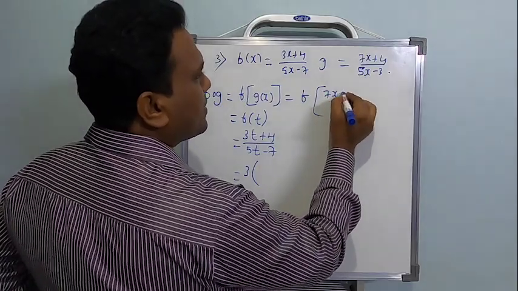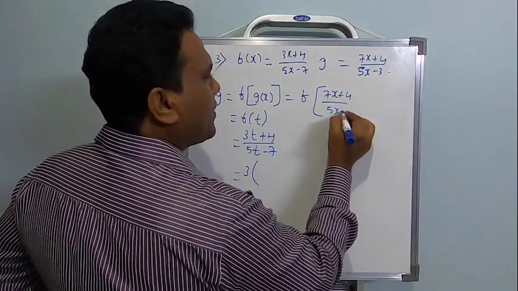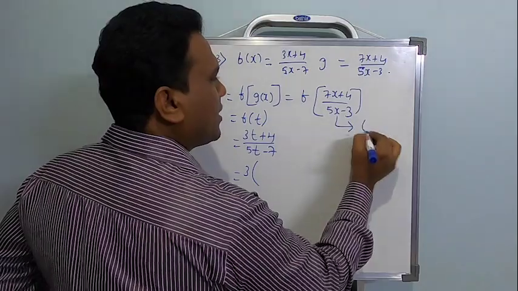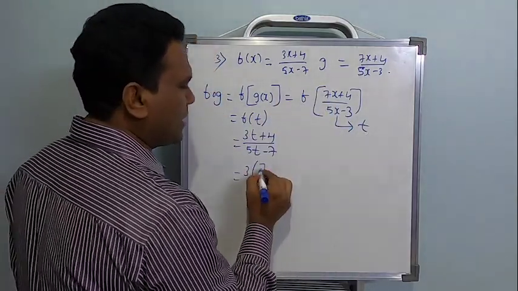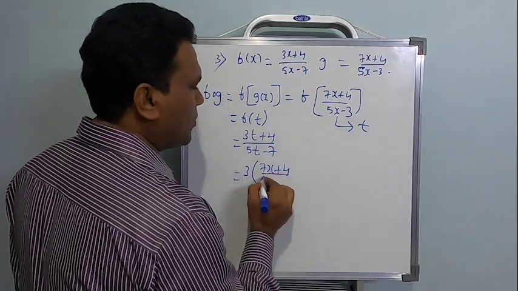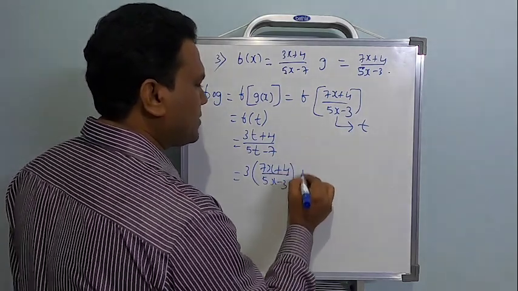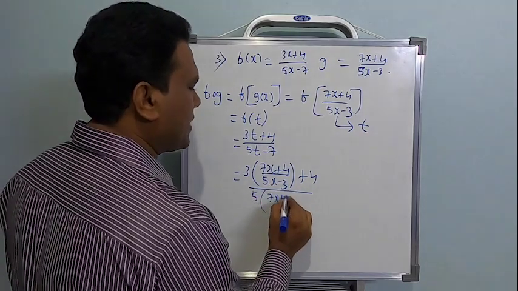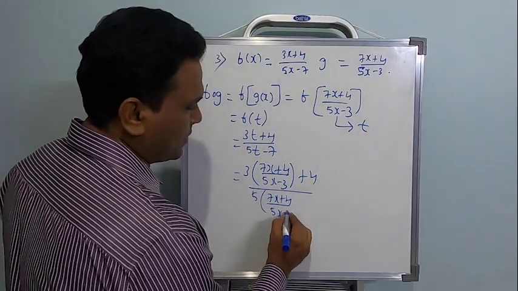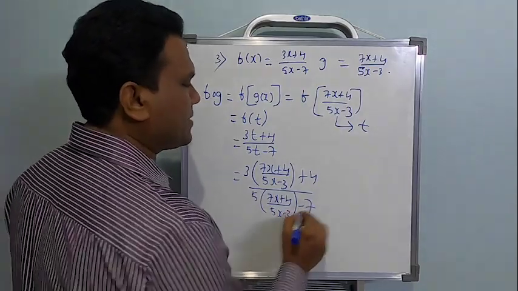It is 7x plus 4 by 5x minus 3. So I'm going to replace t with that: 3 multiplied by 7x plus 4 by 5x minus 3, plus 4, by 5 multiplied by 7x plus 4 by 5x minus 3, minus 7.